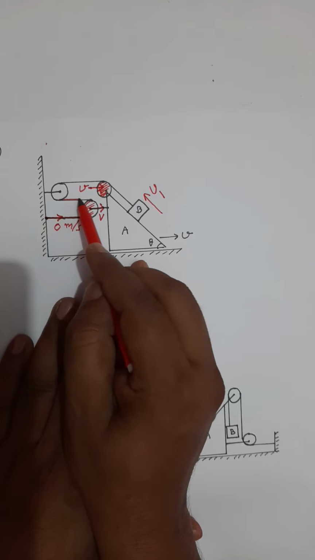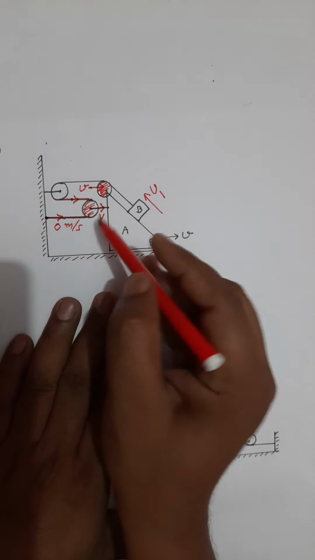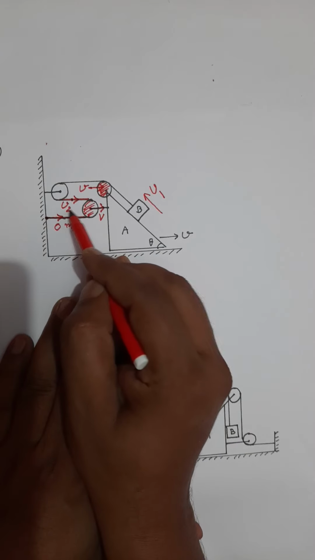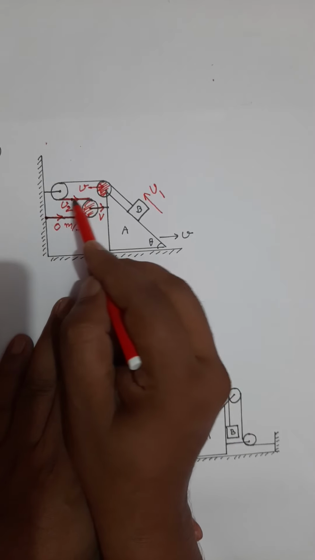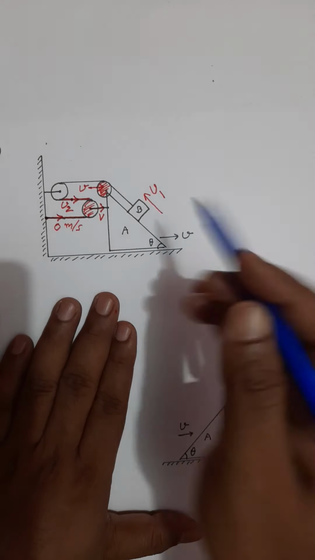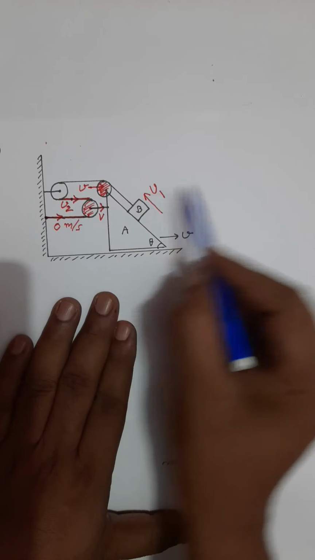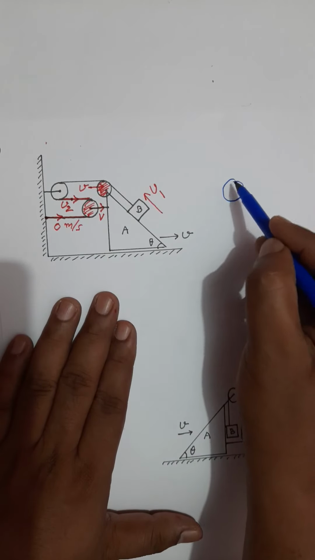What about this part? Let's say I assume this portion is going with velocity V2. I assume that this part of string is traveling with V2. If you follow the previous concept which was discussed in the previous video for this pulley, I will draw that pulley separately.